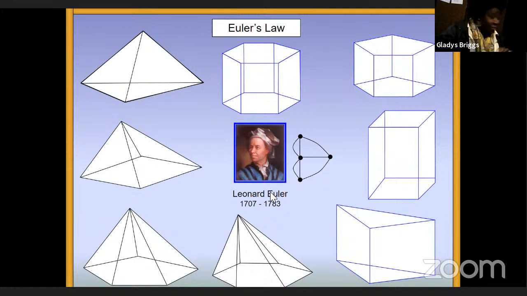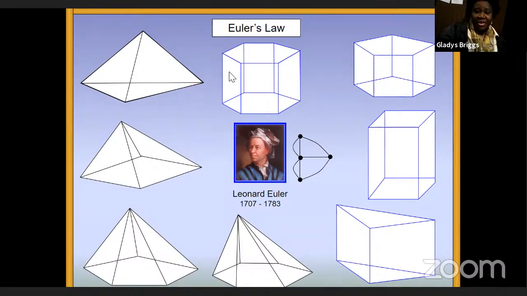It's spelled Euler, but it's pronounced differently. But his name is this one. That's how it's spelled. He's one of the biggest mathematicians that ever lived.